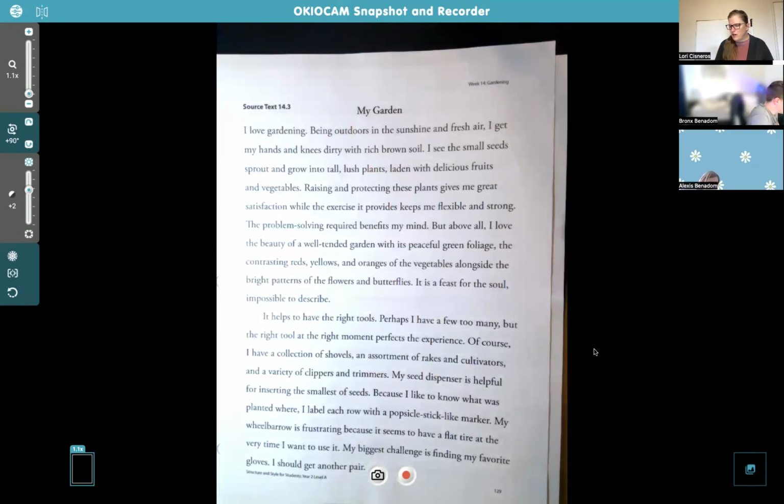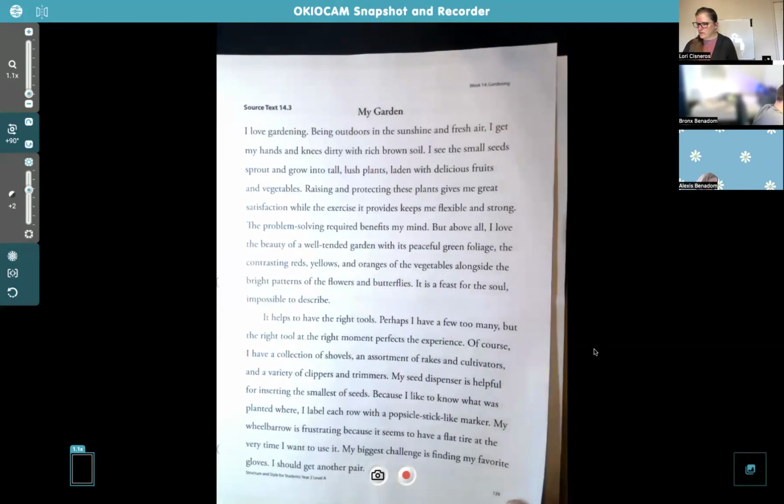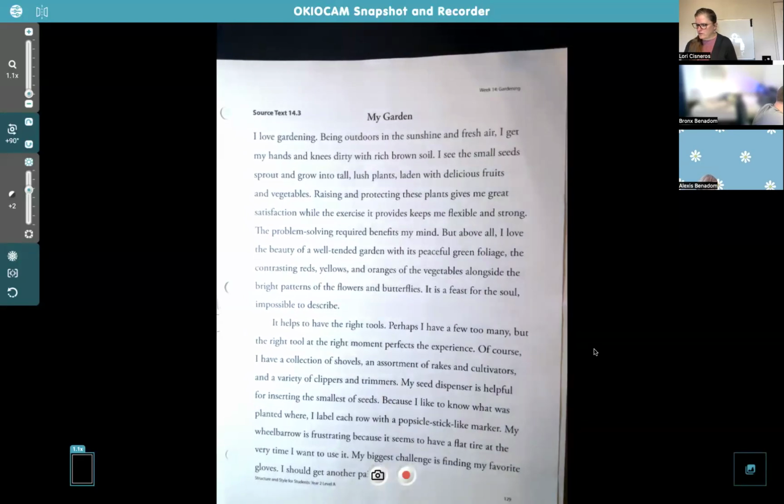How about you, Alexis? What do you have on yours? You want me to read the words? Yes, please. Helps, right tools, right moment experience, shovels, rakes, and clippers, and then I have popsicle sticks, markers.